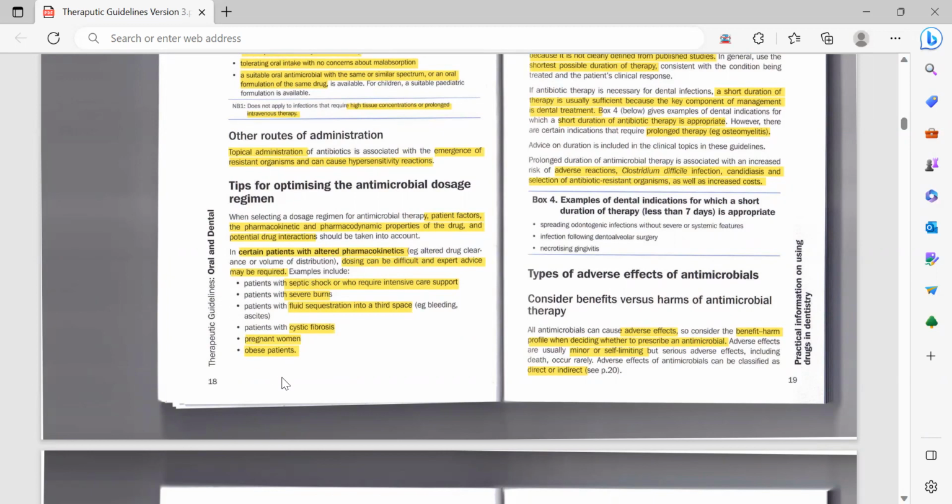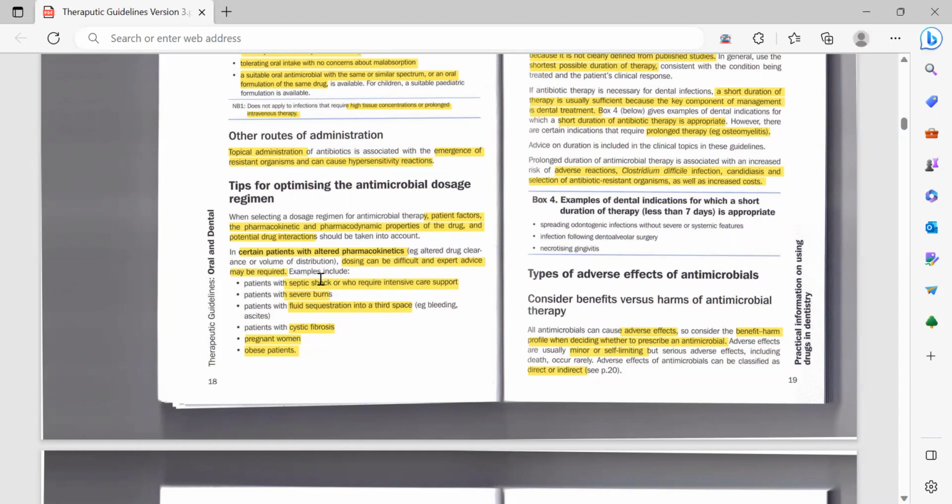This is not really important from an exam point of view, but you can read it. There are certain cases like if the patient has septic shock or severe burns, patients with fluid sequestration and cystic fibrosis, pregnant women, and obese patients.